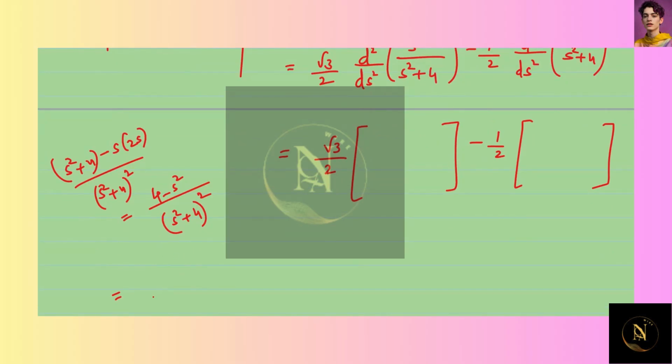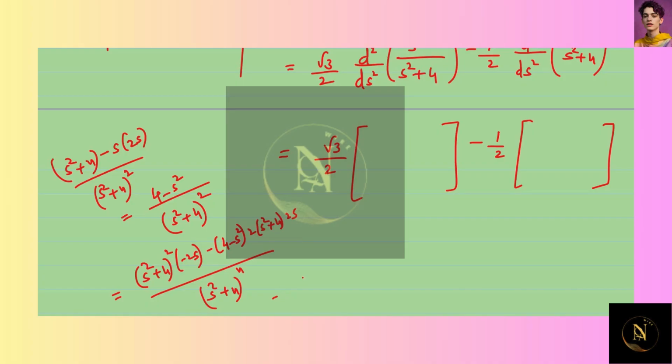Let's differentiate one more time. So it will be (s square plus 4) whole power 4 in the denominator, (s square plus 4) whole square into negative 2s, minus of 4 minus s square into 2 into (s square plus 4) into 2s.